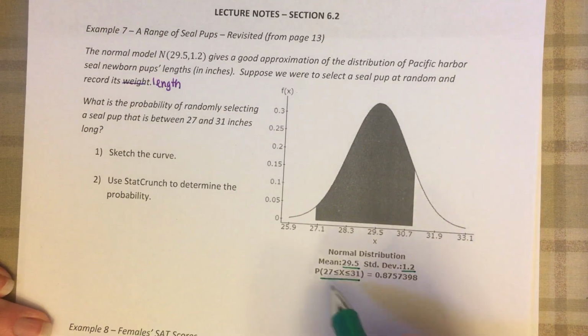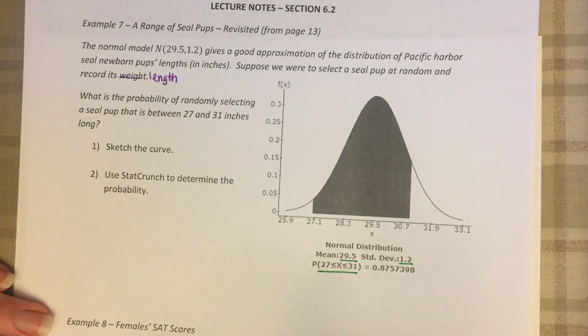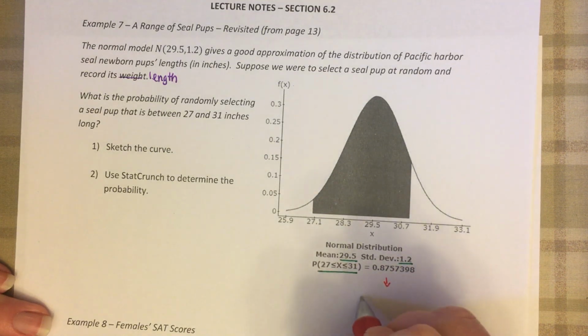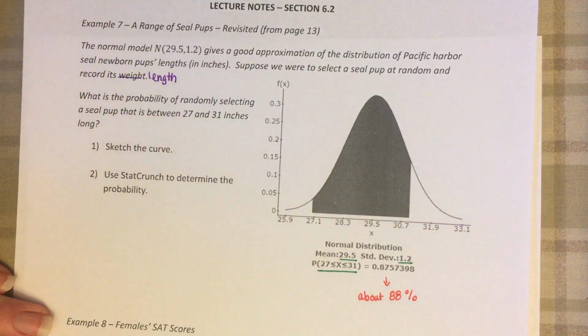It's always going to look like a double less than, and our smaller number is always going to be on the left, our larger number on the right. And then what we get here also rounds to about 88%, as it did in example 7 that we just worked by hand.